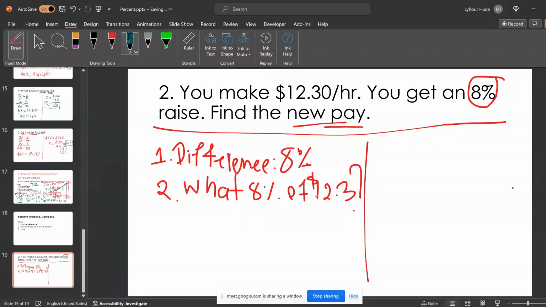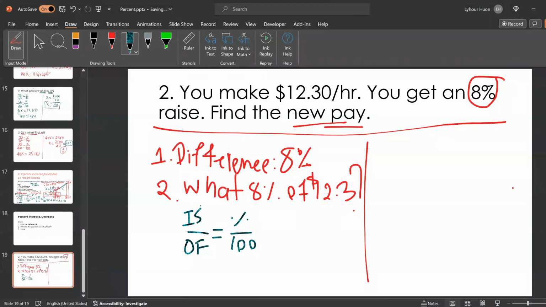We solve it by the general formula. What is the general formula? Is over of equals percent over 100. Now, what is "is"?